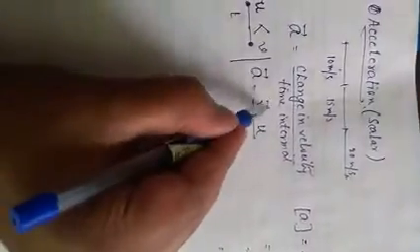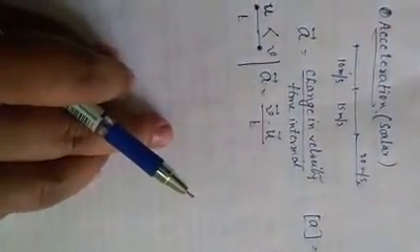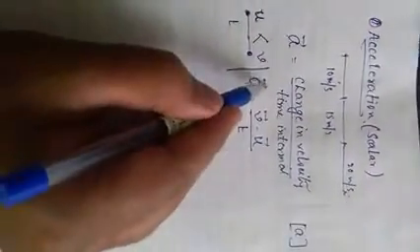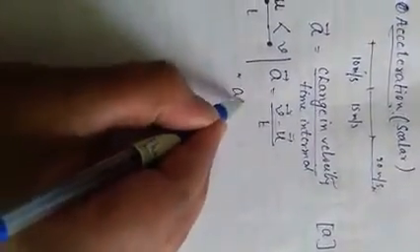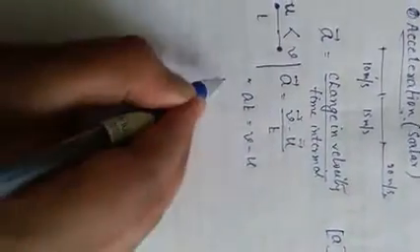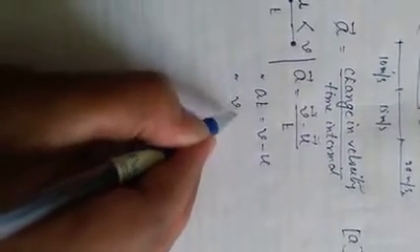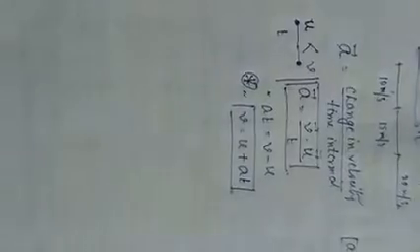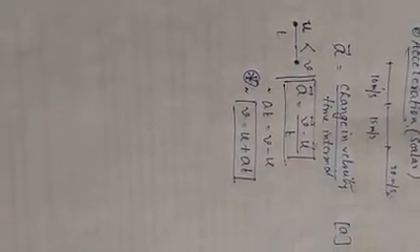Here v and u are both vector quantities, and I am just ignoring the arrow sign. From here we can write at equals v minus u, or v equals u plus at. This is a very important formula you need to remember. Examples are there in the book, on page number 31, just have a look.